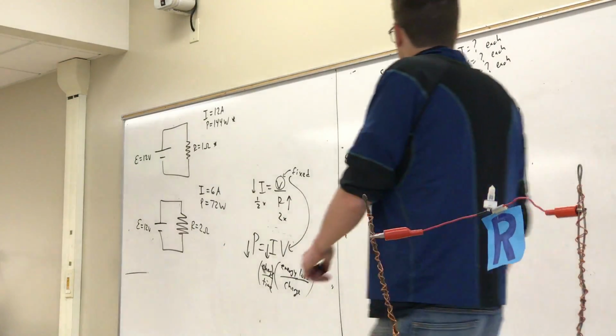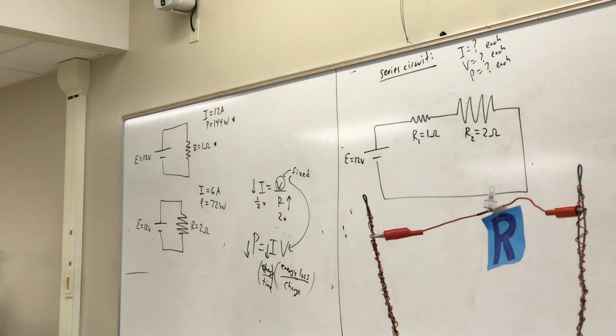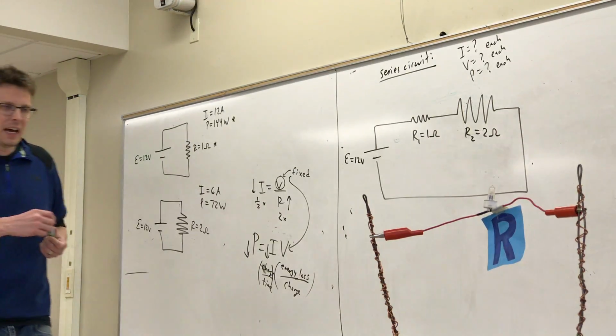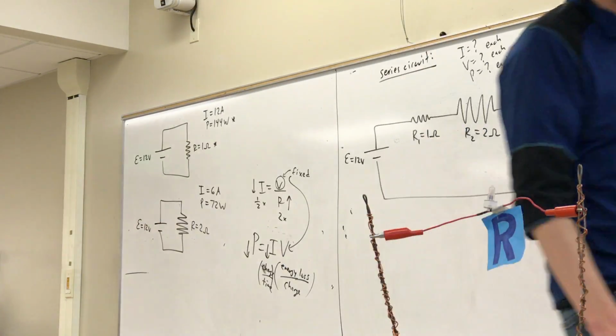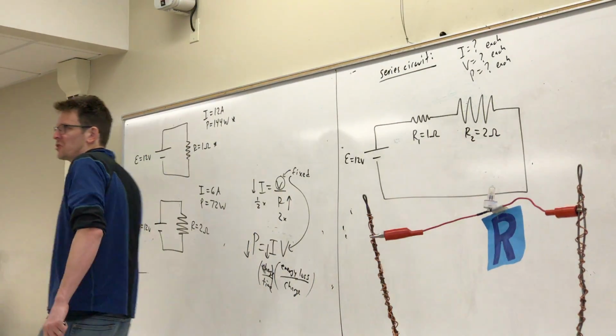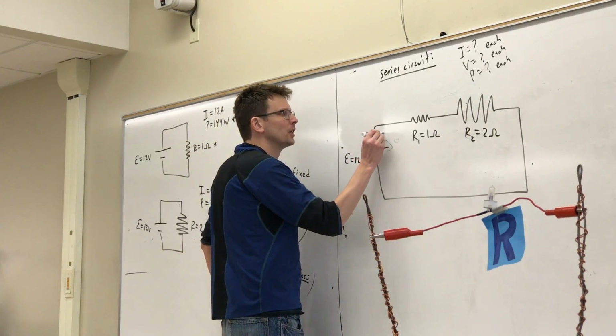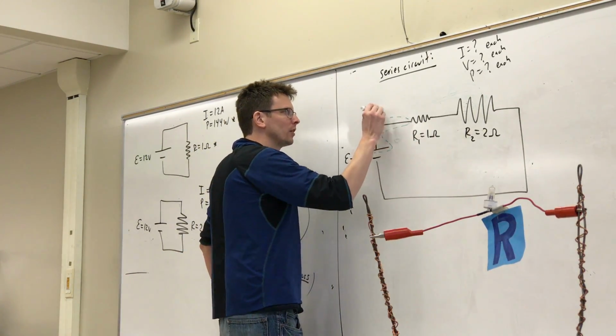So first of all, and this is generally good form, I'm going to circle your equipotential regions. So this right here is the highest voltage in the circuit.